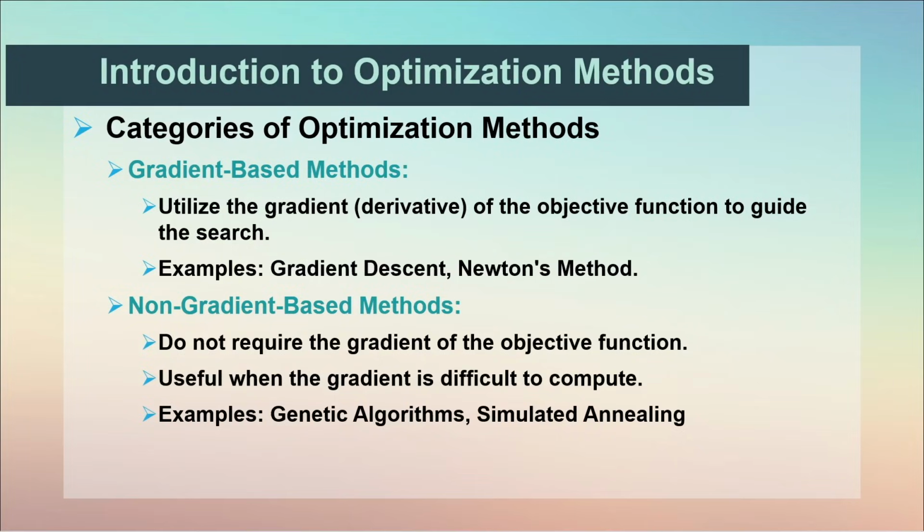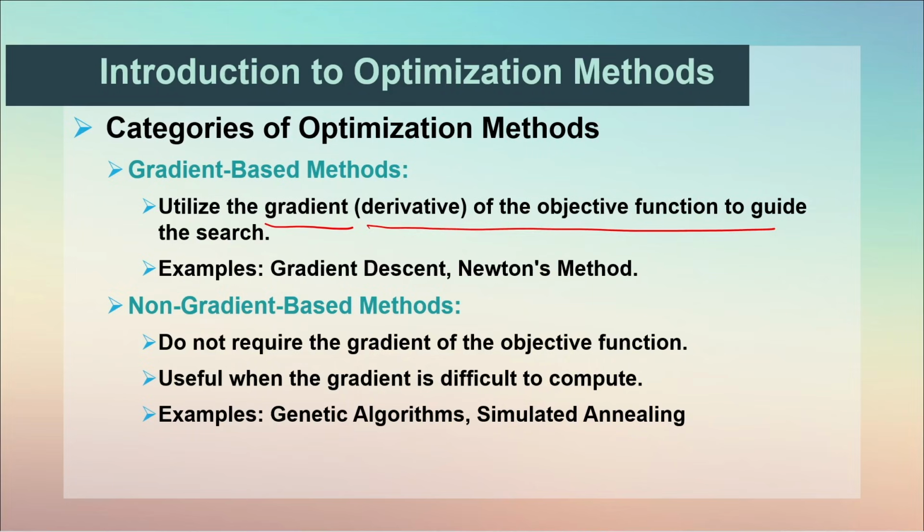But here we have two different methods for optimization, one is gradient based optimization, another one is non-gradient based optimization. Coming to gradient based optimization, a gradient is utilized. What is a gradient? The gradient is the derivative of an objective function, utilized to guide the search or to look for the search pattern. That is the gradient based method.